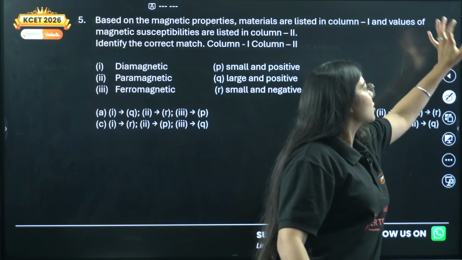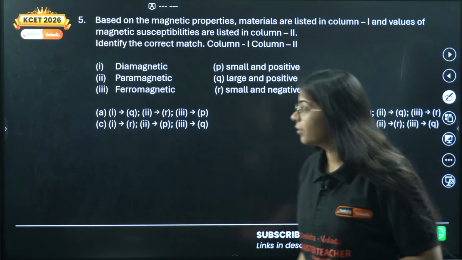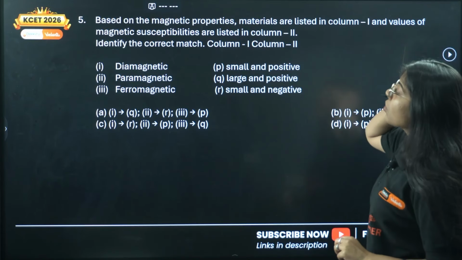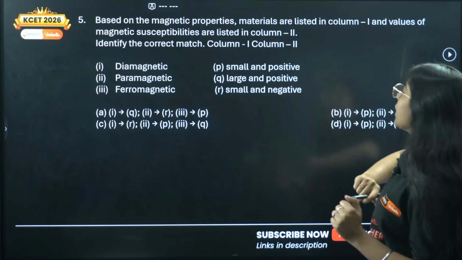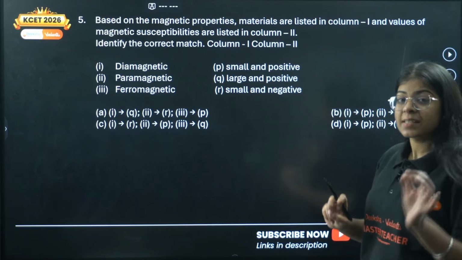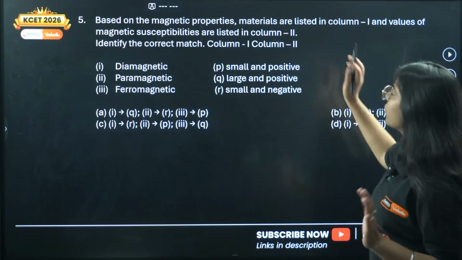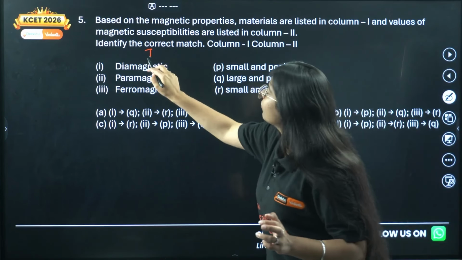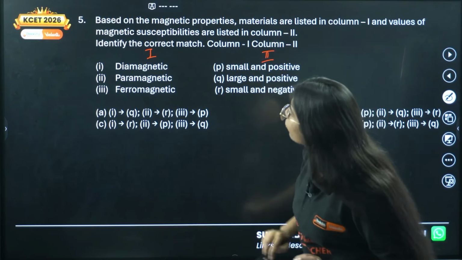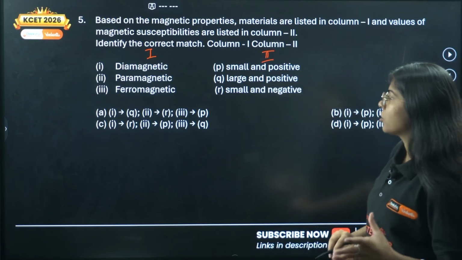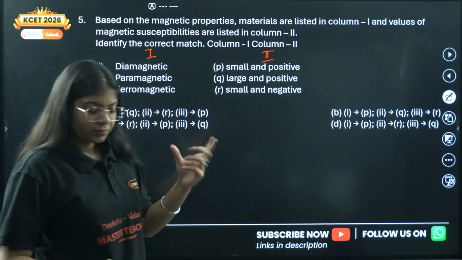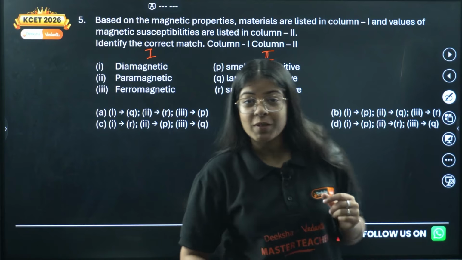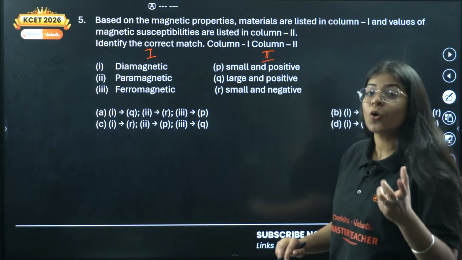Okay. Next question. Read it carefully. Very easy though. Based on the magnetic properties, materials are listed in column 1 and values of magnetic susceptibilities are listed in column 2. So this is my column 1 and this is my column 2. Identify the correct match. What do you think will be the correct match? You can write your answers in the comment section with the timestamp, so I'll know who is answering.